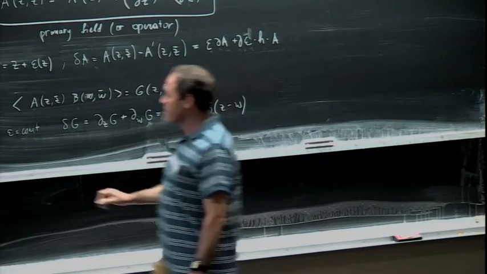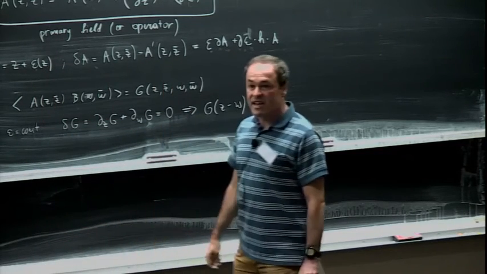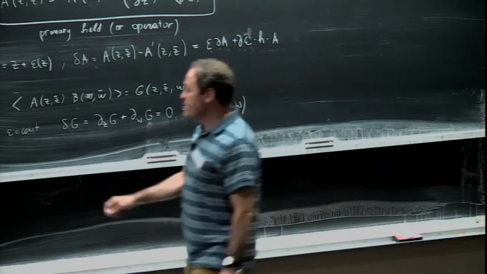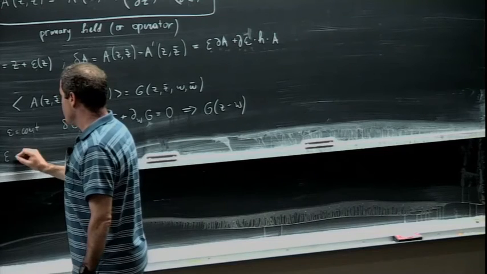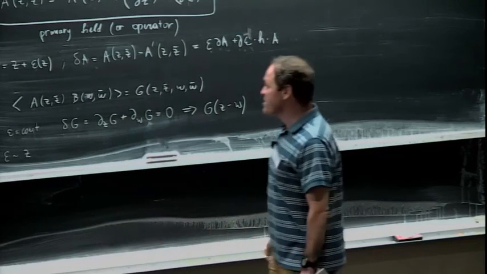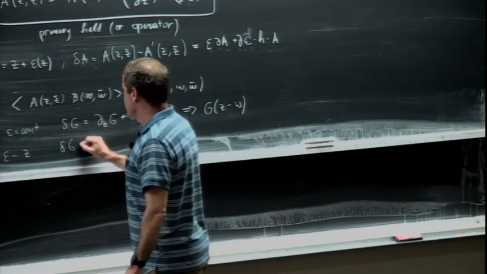Now let's look at the consequence of scale transformations and actually simultaneously rotations. So in that case, we will choose epsilon to be proportional to z times some constant, which I don't really care what it is. And so delta G, what is it equal to?